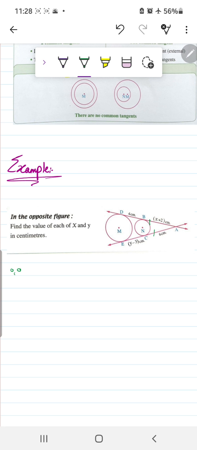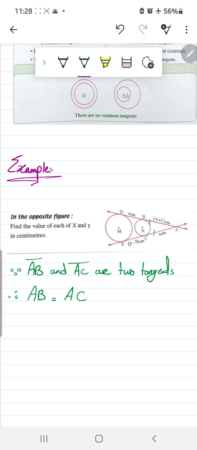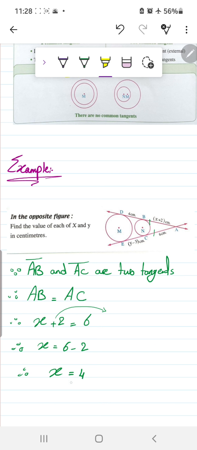By substitution, AB here is x plus 2 equals AC here is 6. It's an equation. Moving 2 to the other side by negative, x equals 6 minus 2. We get x equals 4. So the value of x equals 4.